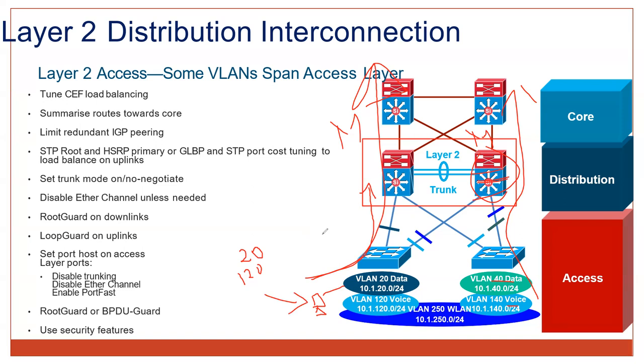So in that laptop, you will put the IP address and the default gateway. Oh, okay, I get what you're saying. So the SVI for VLAN 20, the VIP on the distribution, is going to be the gateway of that network. Yes, so they will 100% use it, right. Okay, got it.